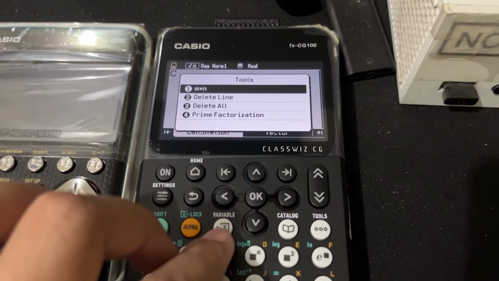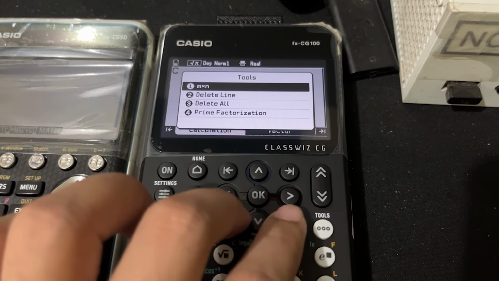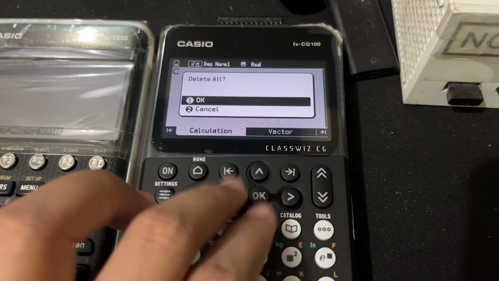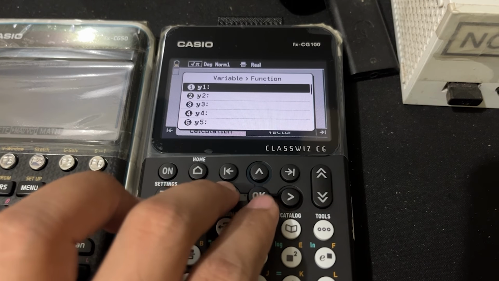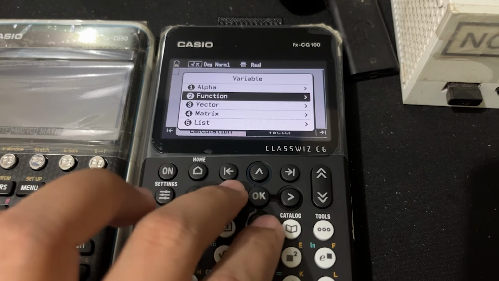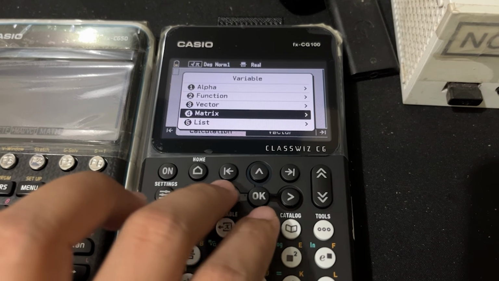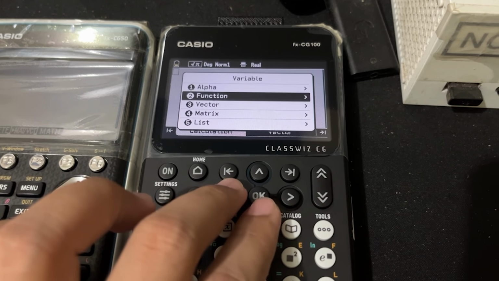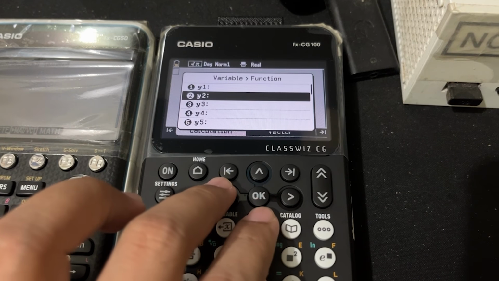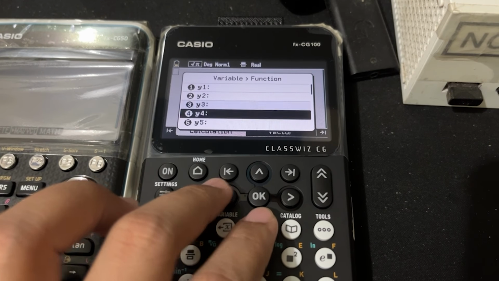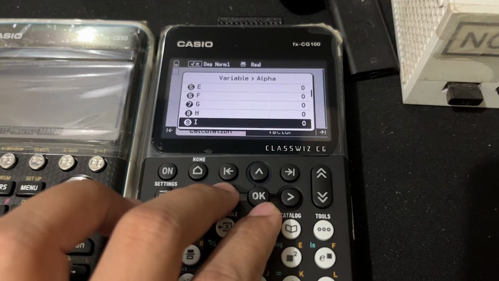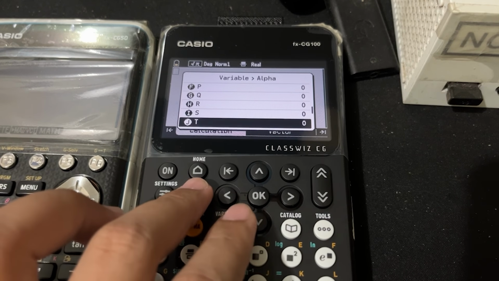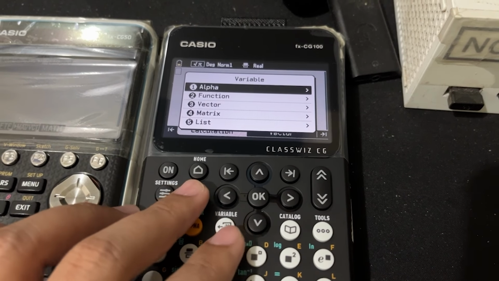Or you go to variable and then delete all. We'll go to variable, functions, back, vectors, back, matrix. And functions, of course, there's a y. Then the alpha, you can press it in view anytime.